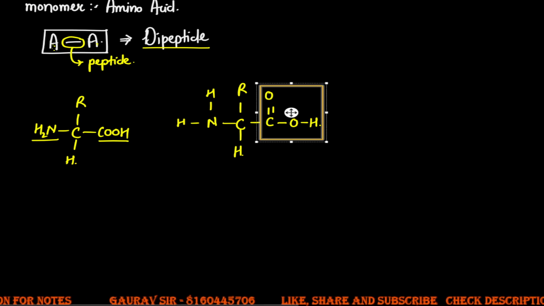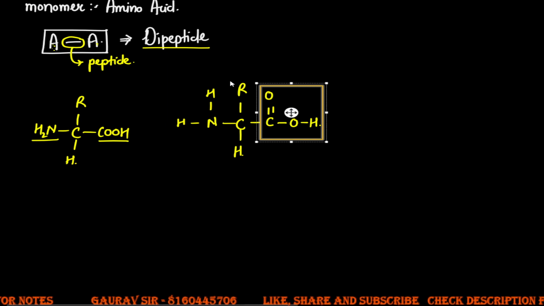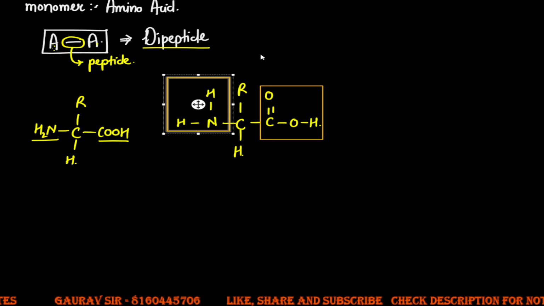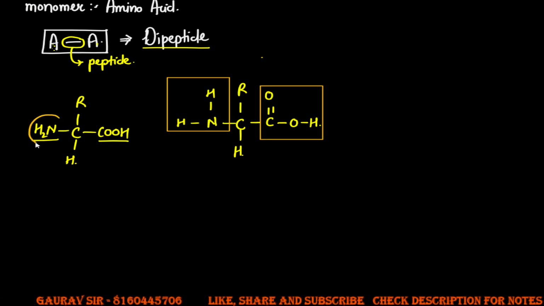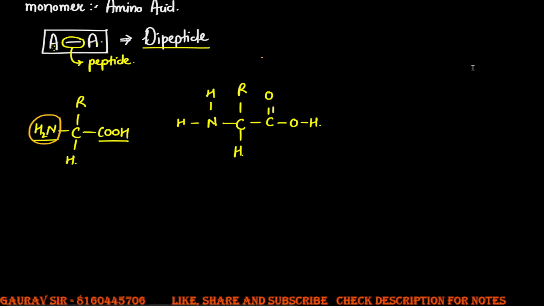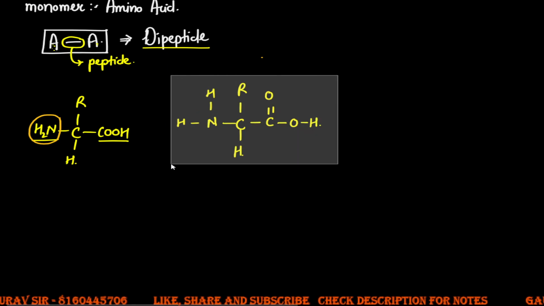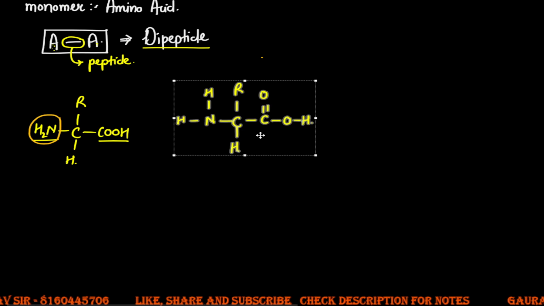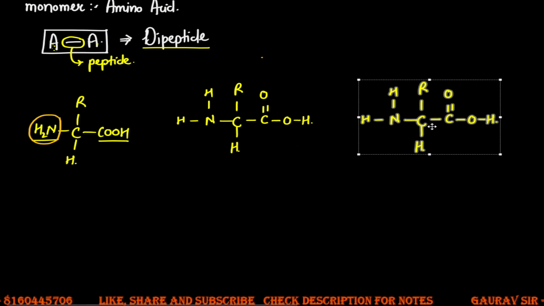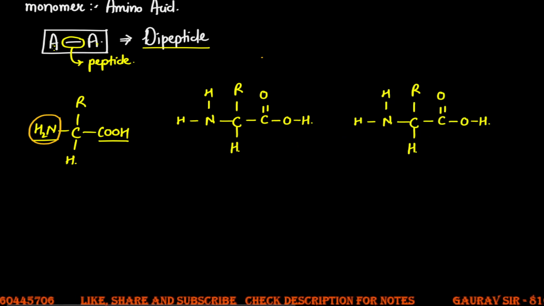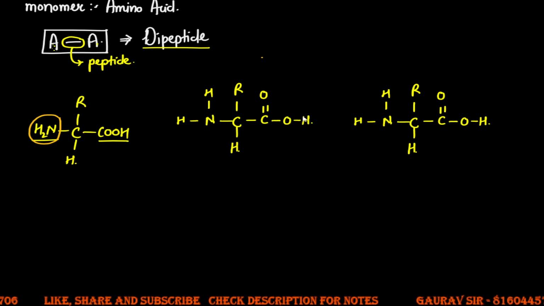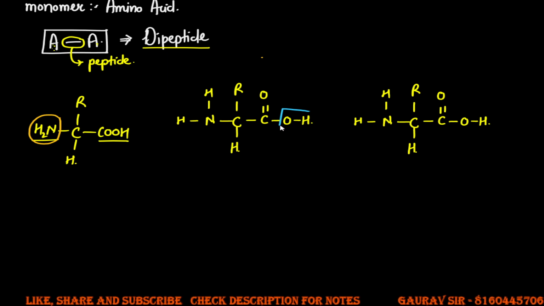When observed properly, this would give you an understanding that it's a carboxyl group, and this would give you an understanding that it's nothing but the NH2 group, the amino group. Now, what is going to happen when these amino acids, let me decrease the size and get a copy of this, come together, aligning together? There will be a removal of water taking place between these two amino acids.